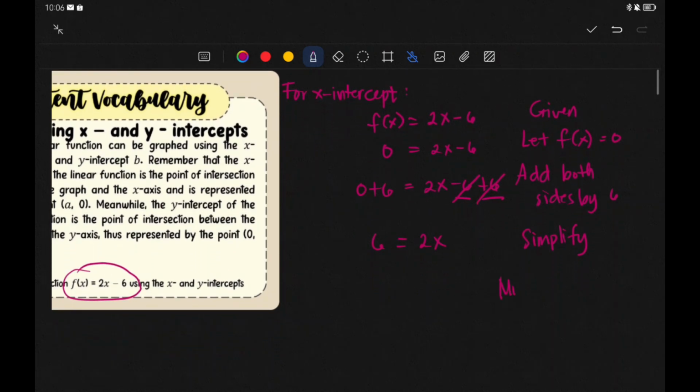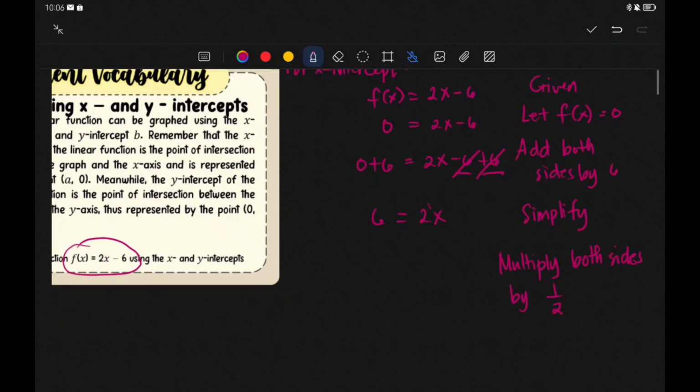Next, multiply both sides by 1/2 to eliminate 2 beside x. So that will become 1/2 times 6 equals 2x times 1/2.